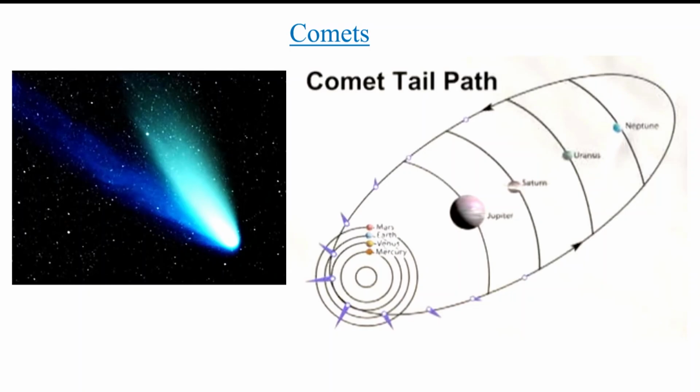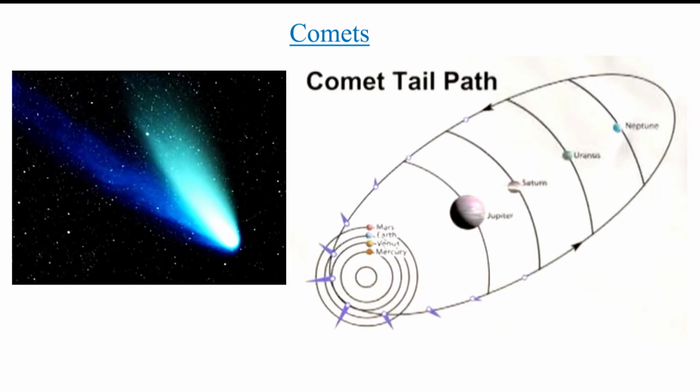So, it has a very large path, but during its travel, when it is coming towards the sun, it is under the influence of the solar wind from our own sun. So, the frontal part, which is obviously the denser part of the comet, the main core of the comet, is affected by the solar wind, and the materials that are attached to that core go into some kind of flame, or they form the tail under the action of the solar wind.